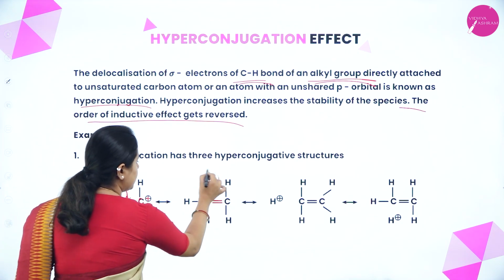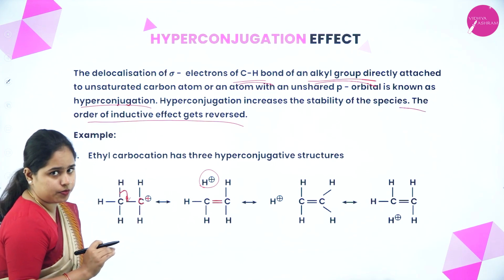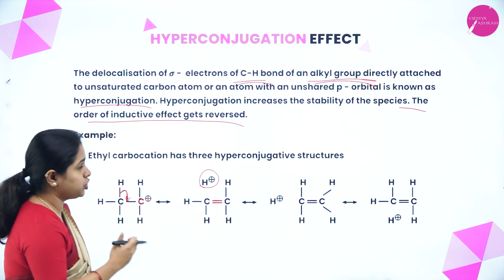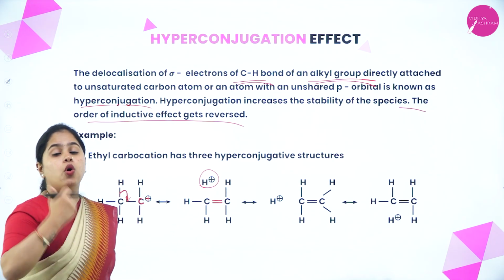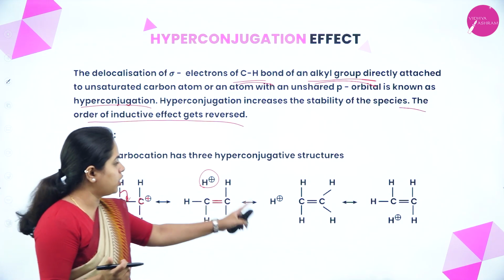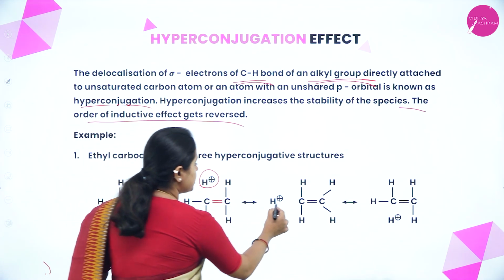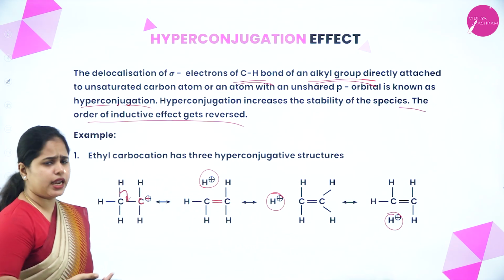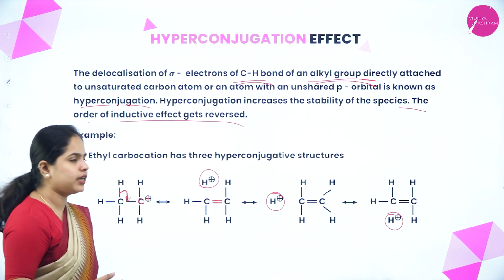So what happens here? The H plus atom will be there. Right. As you can see, there won't be any bonds here. Hyperconjugation effect is also called as no bond resonance. As you can see, there will be no bonds here. Now, what are the further structures? Further structures can be shown here as well as here. So these are the three hyperconjugative structures of ethyl carbocation.